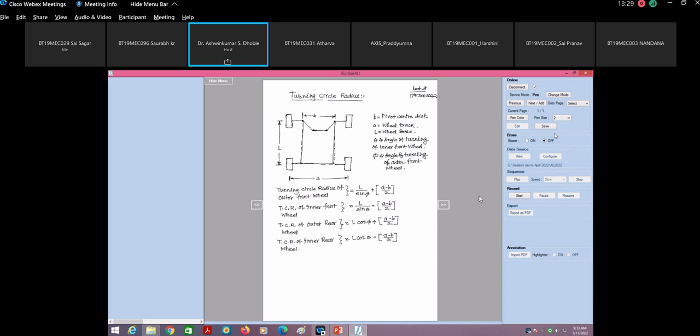So these are the formulae which can be derived for the vehicle from trigonometric consideration. I was having a video as to how the turning circle radius of the actual vehicle is determined.